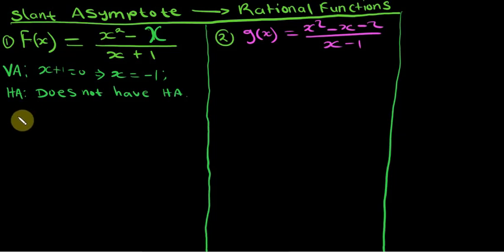So it means we do have a slant asymptote, or oblique asymptote.